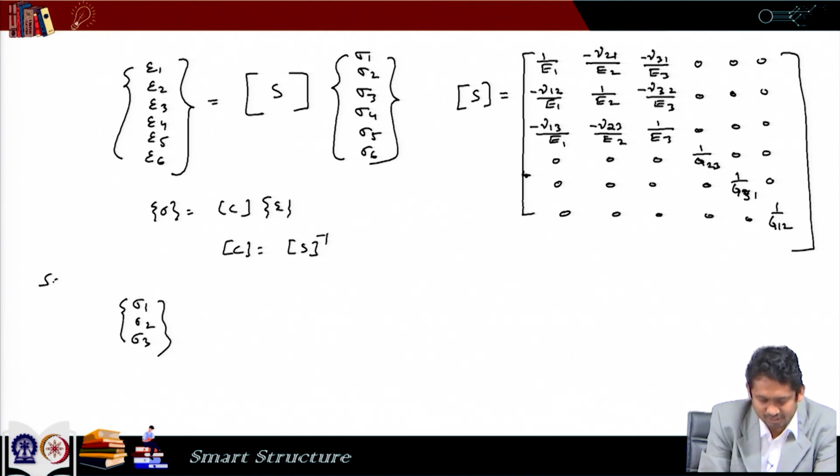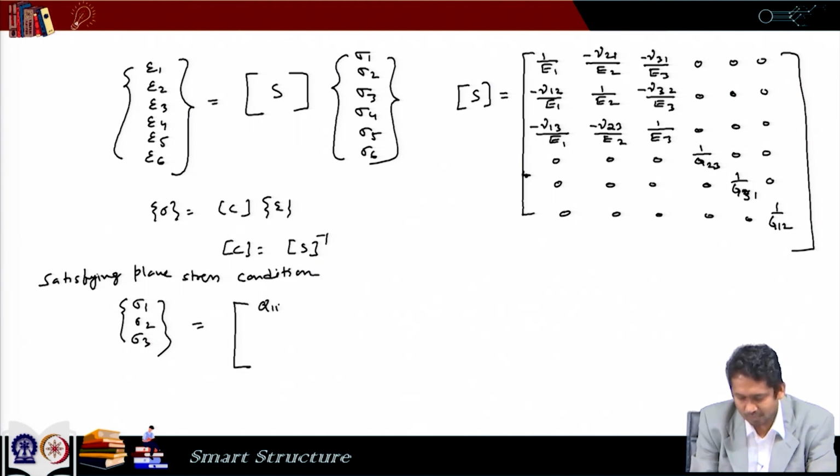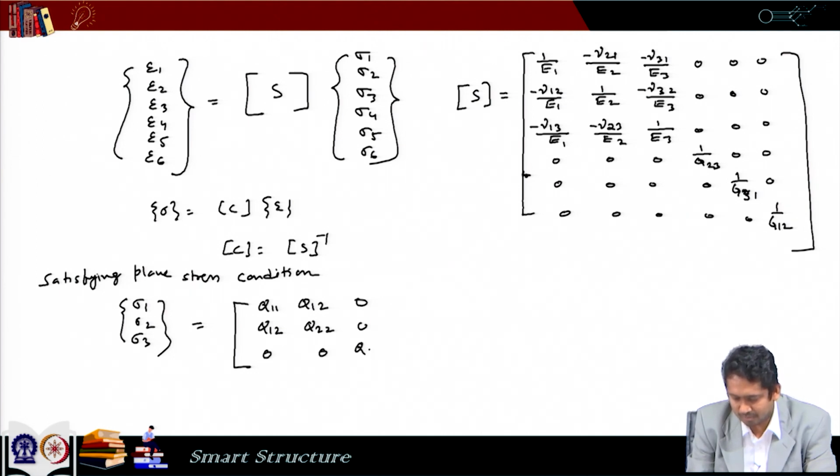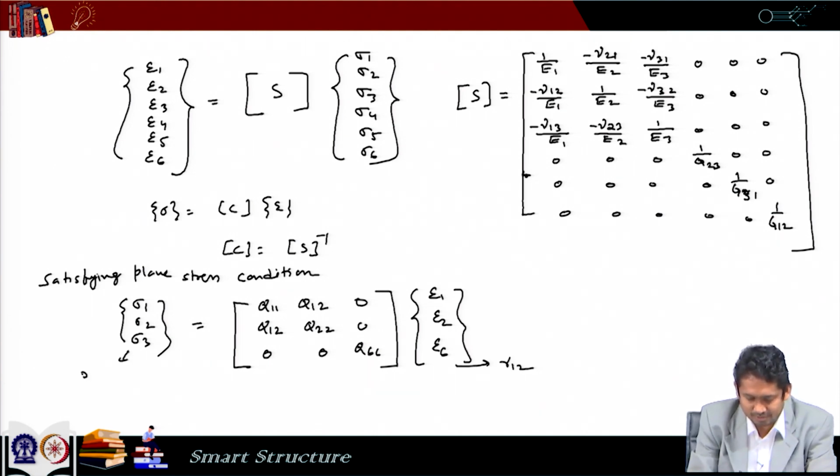So we can say that, satisfying the plane stress condition, we can write this as Q11 Q12 0, Q12 Q22 0 and 0 0 Q66, which is equal to epsilon 1, epsilon 2, epsilon 6, and epsilon 6 we can write as gamma 12 also, and the stress we can write as tau 12 also.